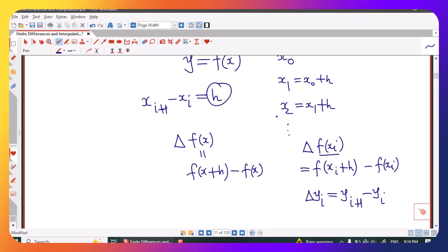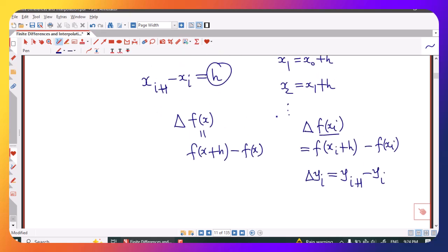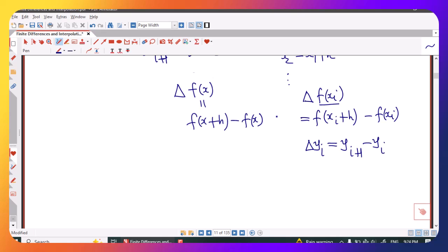This is the definition of first forward difference. Similarly, we can define higher order forward differences.